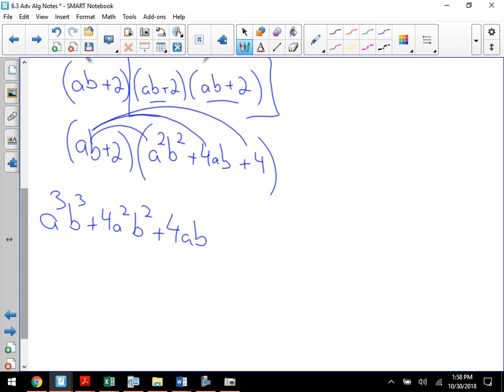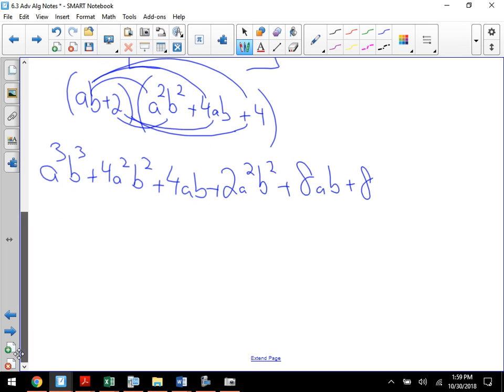Here's your first set. 2a squared, b squared. It's not that the mathing here is difficult. It's just making sure that you take care of your exponent parts correctly. And then you just rewrite.